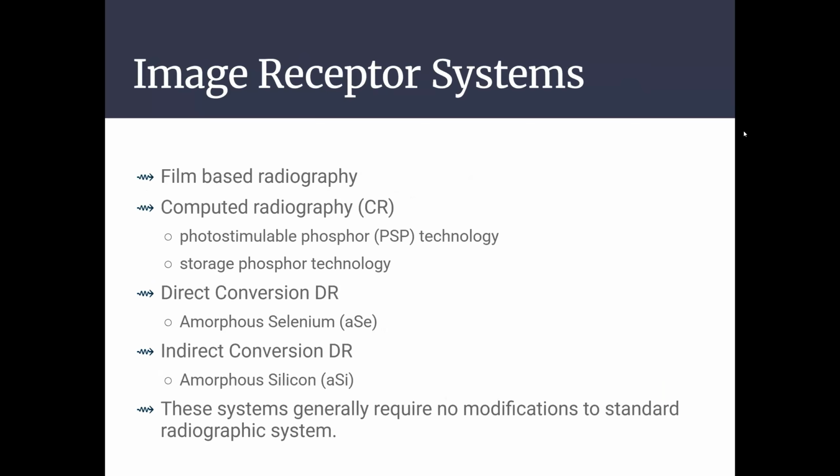But first, I want to talk about the image receptors a little bit. We're going to go through image receptor types of systems. Okay. So we're going to talk about 4 different systems, but there are 3 types, just to be clear. So when Professor Freeman and I first started learning, we learned on a system at the college called film-based radiography.